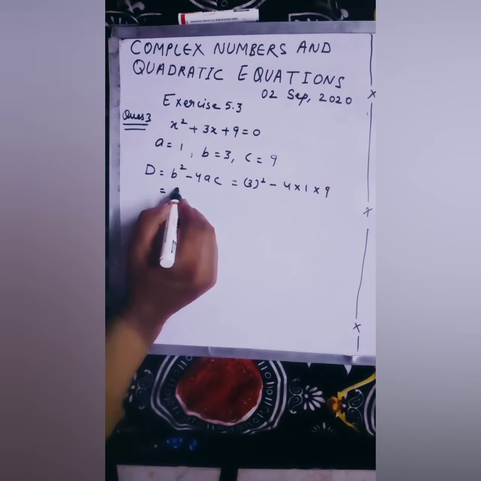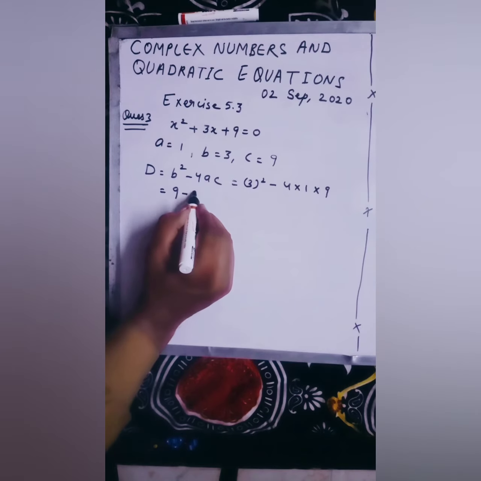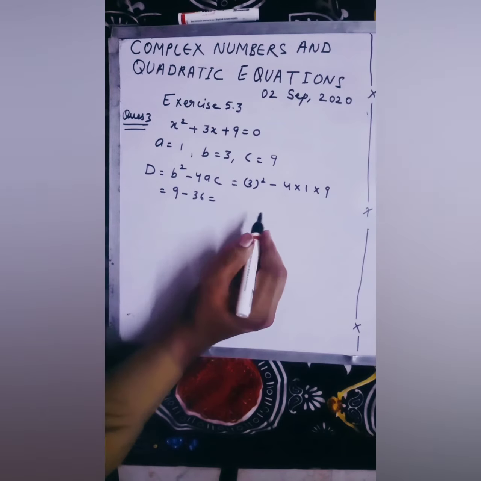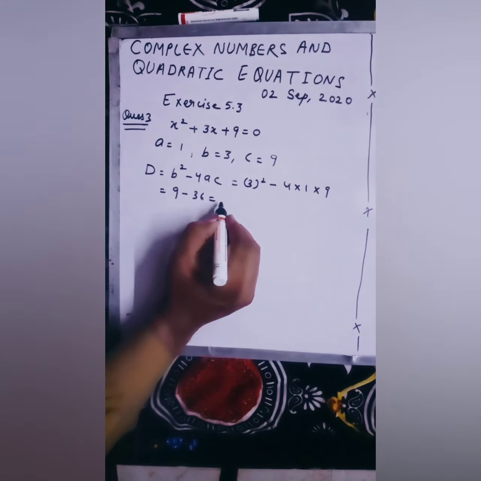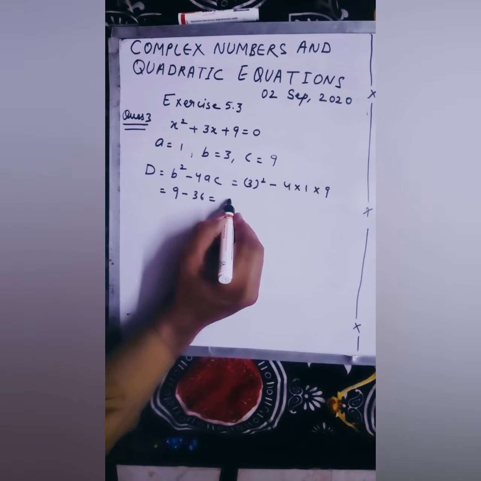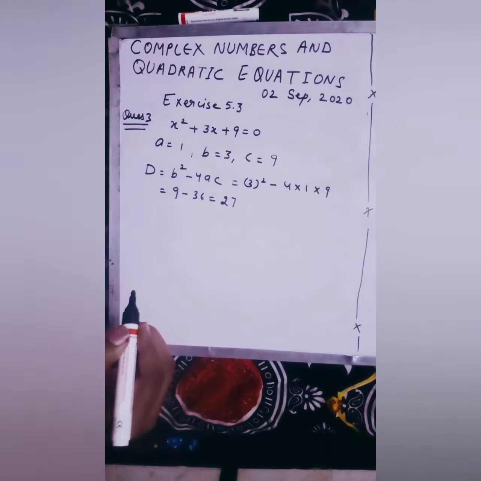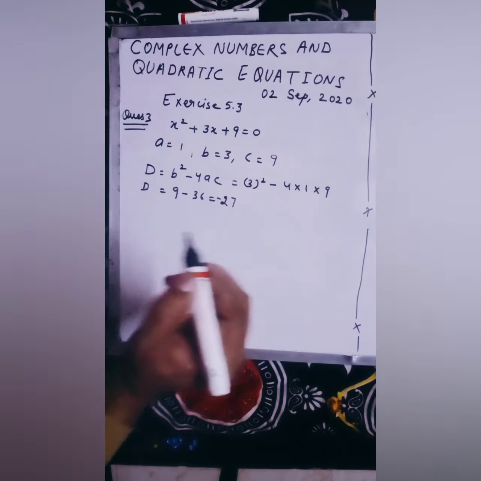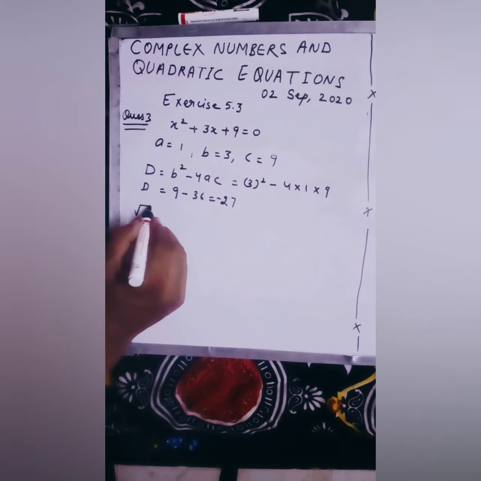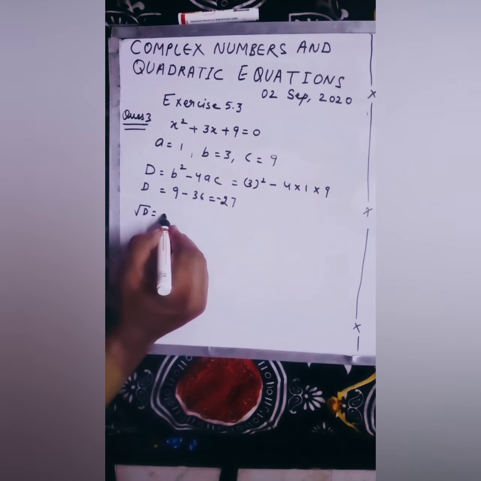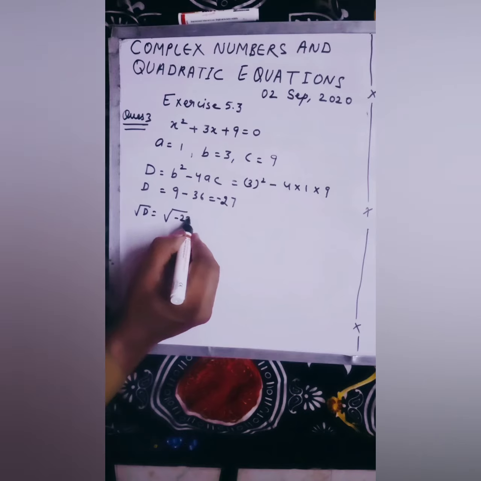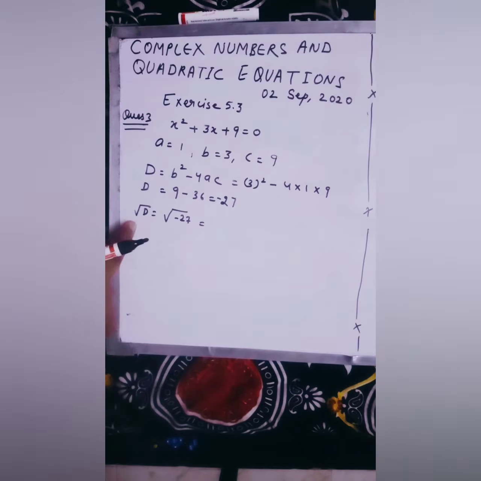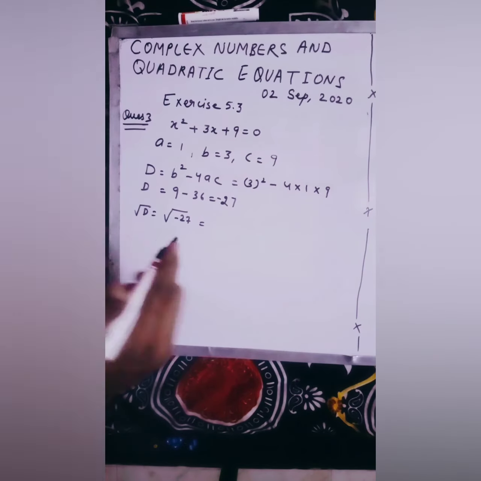When you solve this, you will get 9 minus 36, that means minus 27. So your under root d will be under root minus 27. Okay, you have to find out under root d.